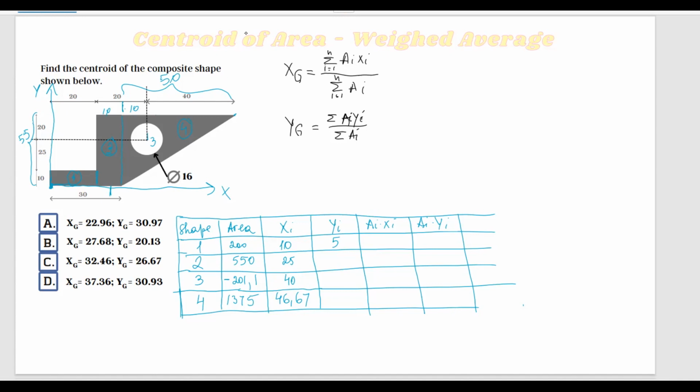The height of this rectangle is 55, so it's going to be half of 55. So I get 27.5. Next, I have the circle. Shape number 3 is the circle, and the distance from its centroid to 0, I have 25 plus 10, so it's 35.